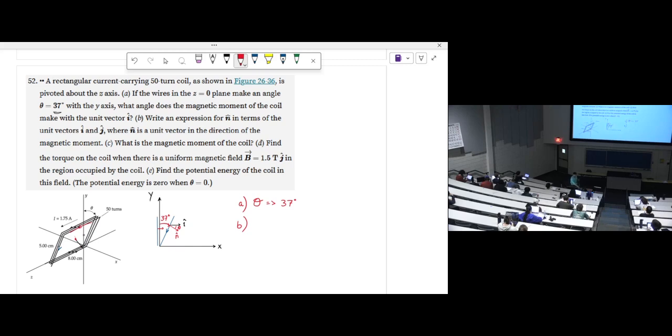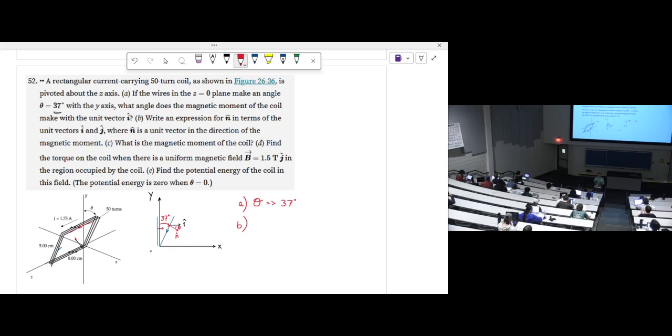Another way to consider it is if I look at this projection right here. Now I align my thumb down along the direction of the current, and I reach into the screen to the point that I'm measuring the magnetic field or the magnetic moment, and my palm points down and to the right, giving me the direction of my magnetic moment.